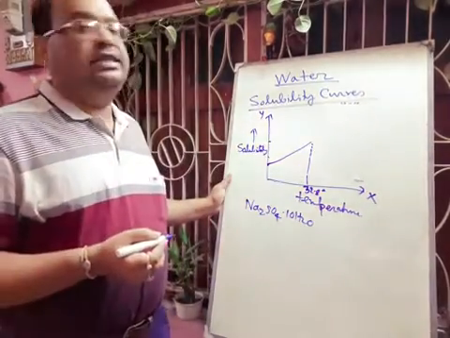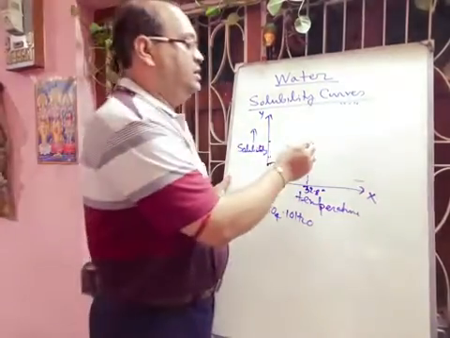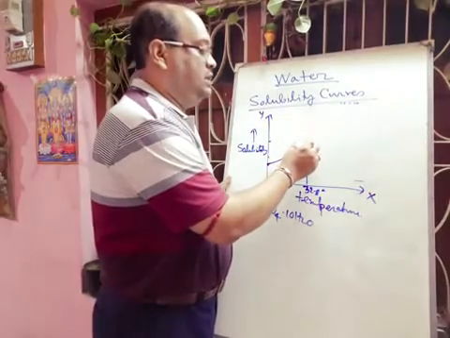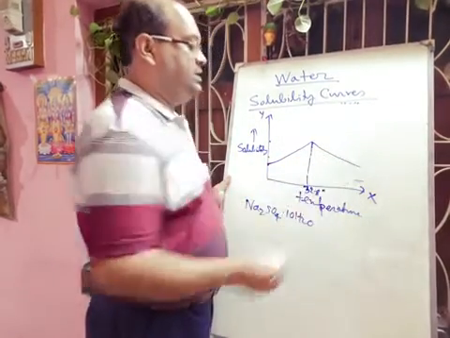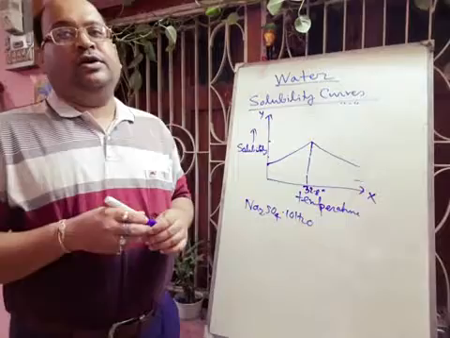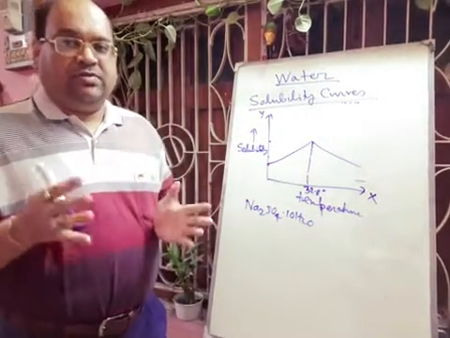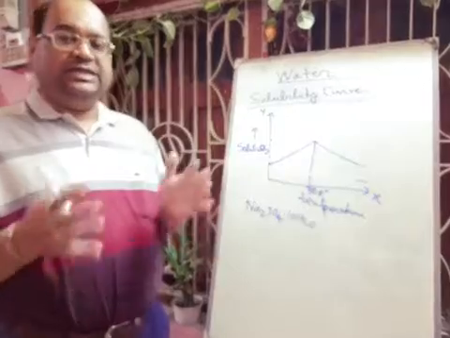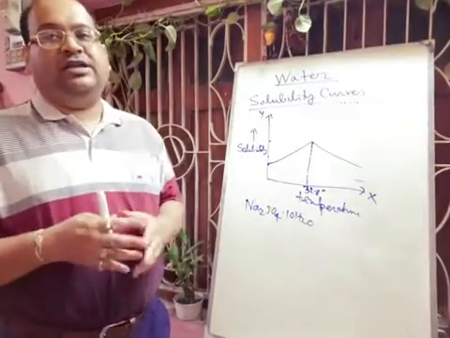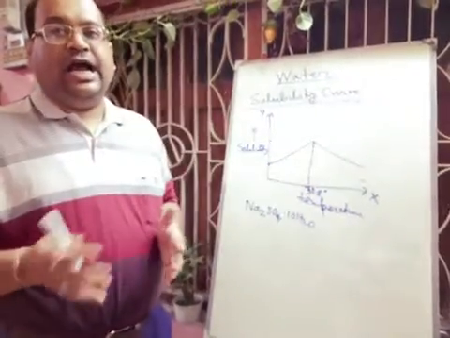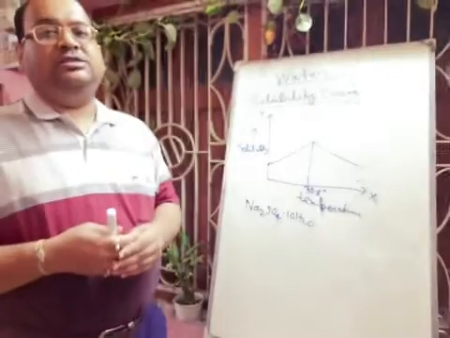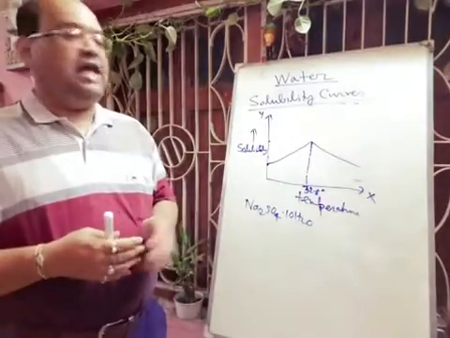Then there will be a decrease of the solubility with increase of temperature like this. So the solubility of Glauber salt first increases with rising temperature up to 32.8 degrees centigrade, and then begins to decrease with increase in temperature above this temperature.